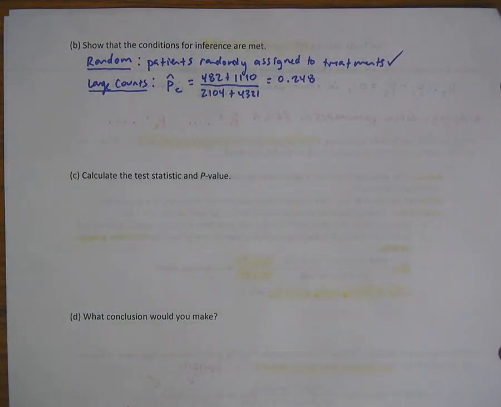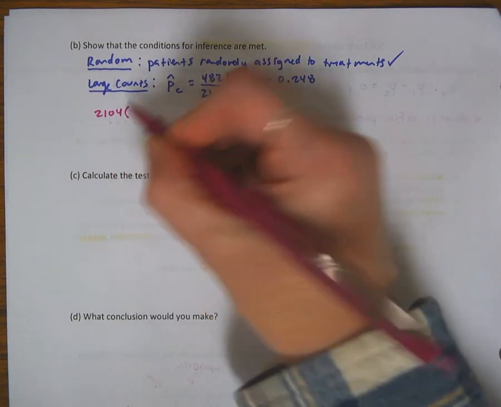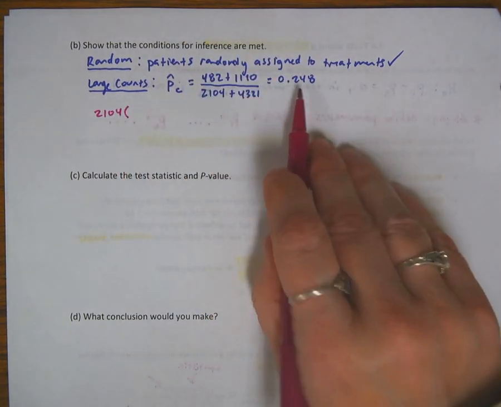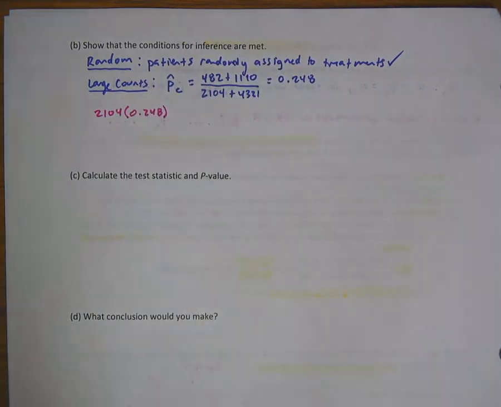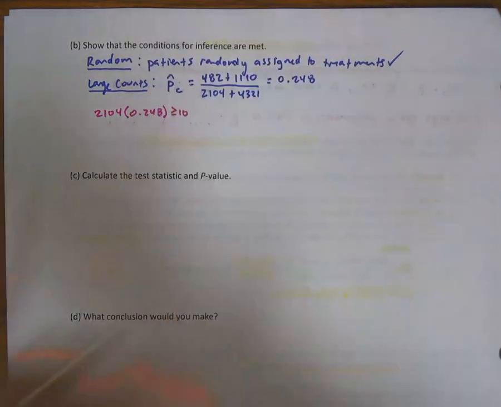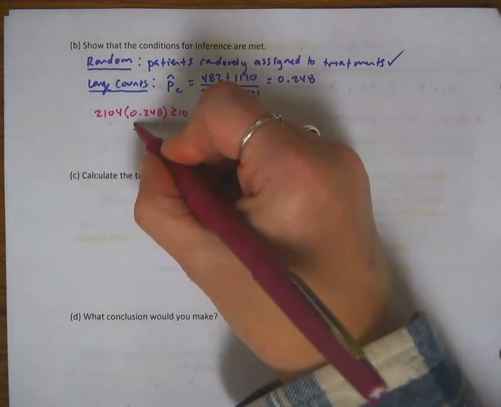Alright, I really essentially have 4 things to check that are going to be greater than or equal to 10. Let's start with population 1. You're going to take the sample size times this value that we just found. Make sure that's greater than or equal to 10. It's about 522 if we round.